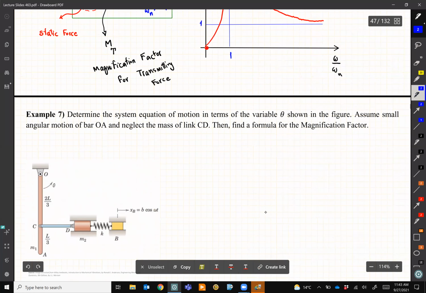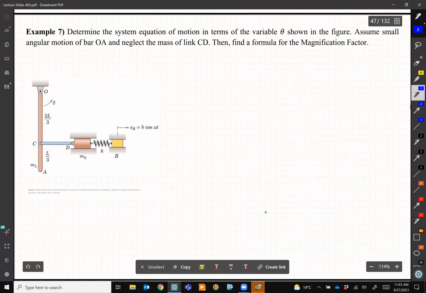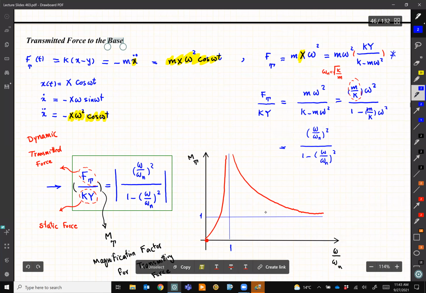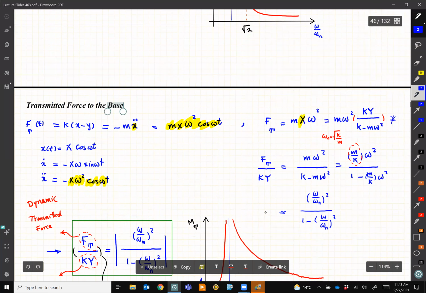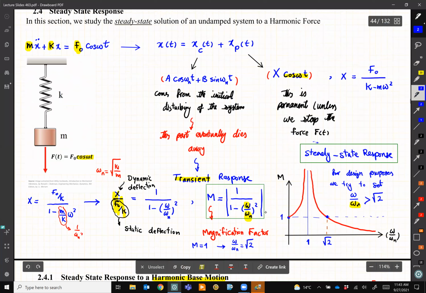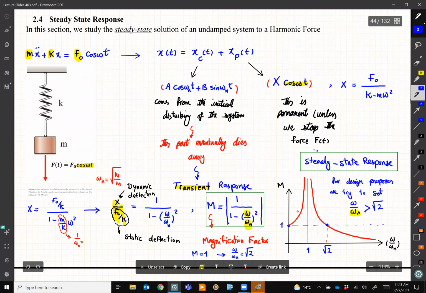All right, so let's quickly solve one example together. Yes, please. Sorry, for the x of t, did you only include the particular solution because there's no additional? Right, that's a very good question. Thank you. Remember when we said at the beginning that we are going to focus only on the steady state response? I said that the transient response is not really something that we care too much about, because it's only the first few seconds when we excite the system.